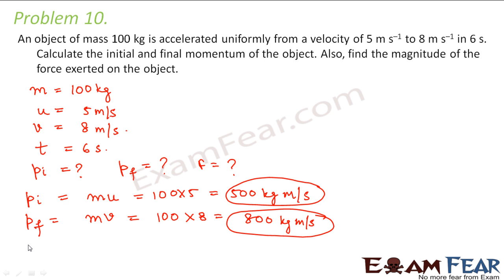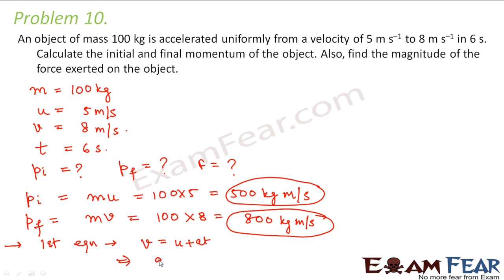Then we have to calculate the force exerted. So force is given by mass into acceleration. Mass is given, acceleration is not given. So for acceleration, we will make use of the first equation of motion, that is v = u + at.